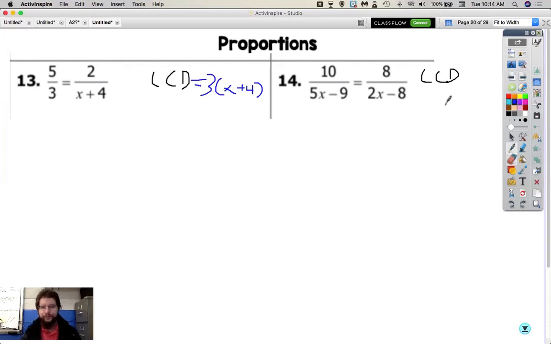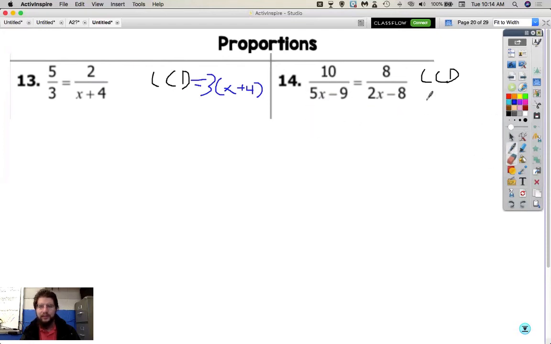Let's look at this one. So 5x minus 9, I can't simplify that. So if we can simplify it like this one, we can factor out a 2, but that doesn't change anything at all. See, if that was an x minus 4 here, it would be simpler, but it's not.